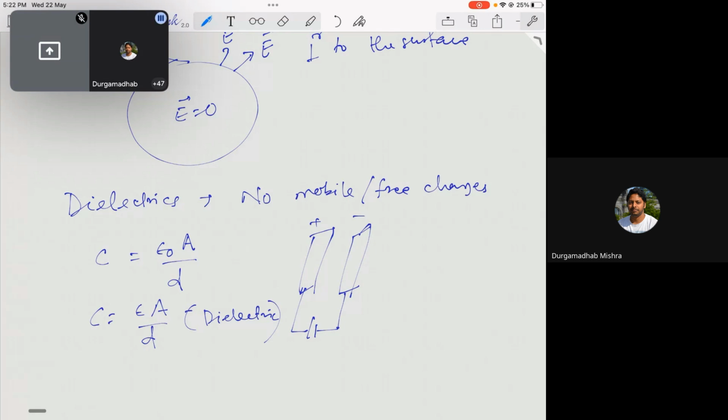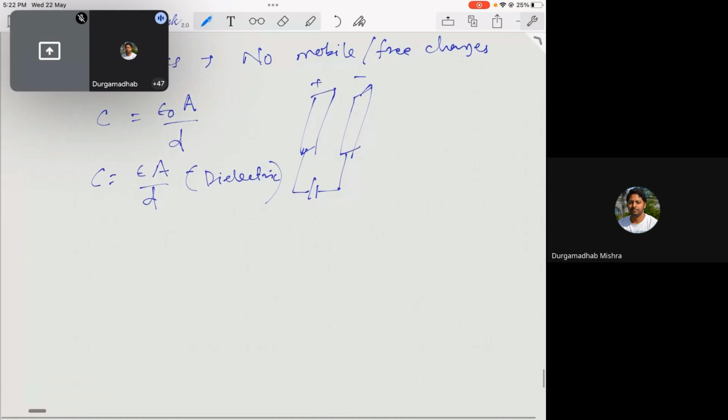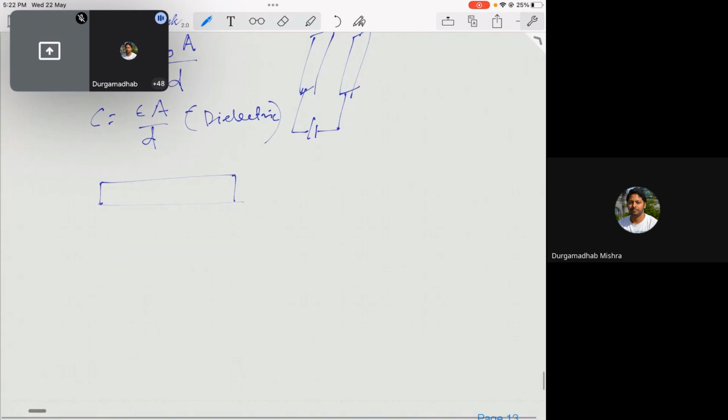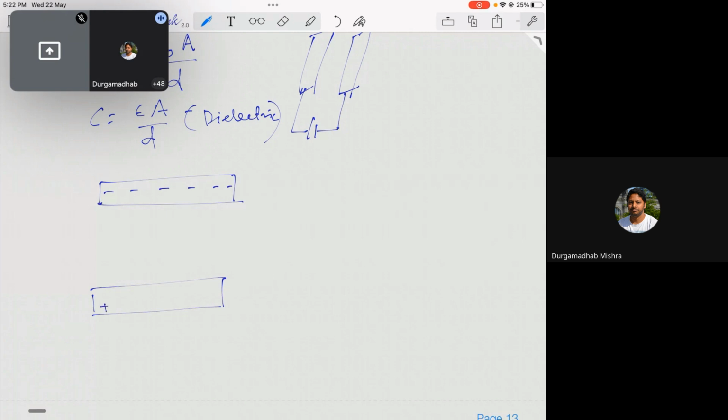Let's see what the reason for that is. I am now drawing it in a horizontal direction. I have these negative charges here on the conductor, and these are all free charges.